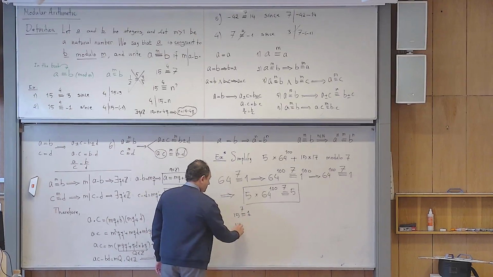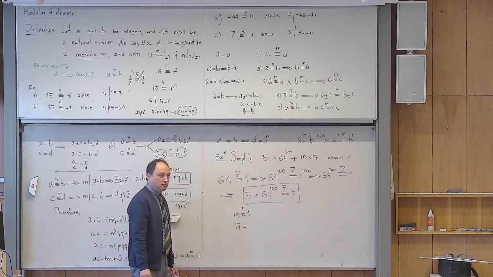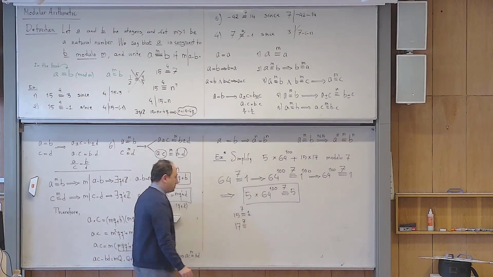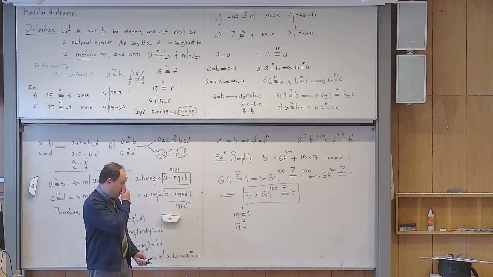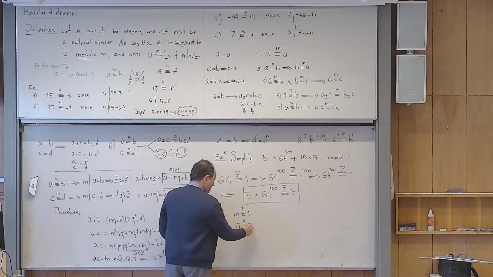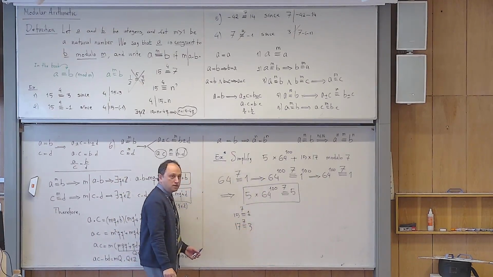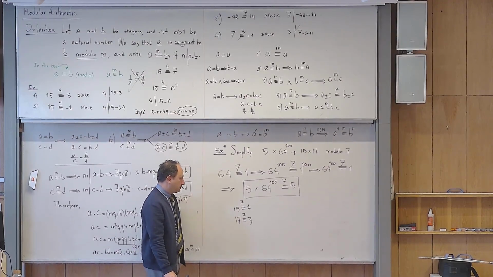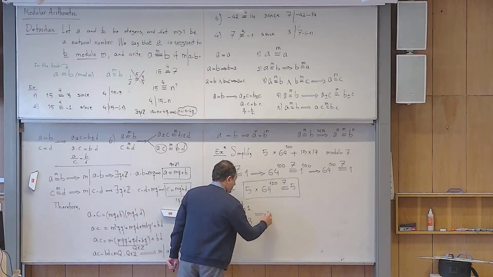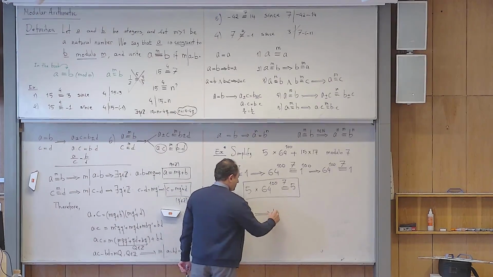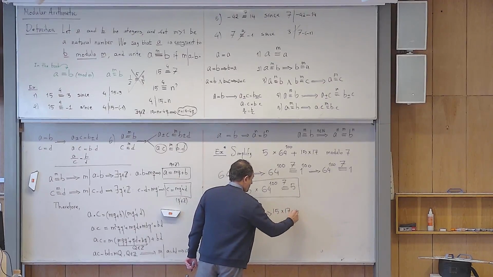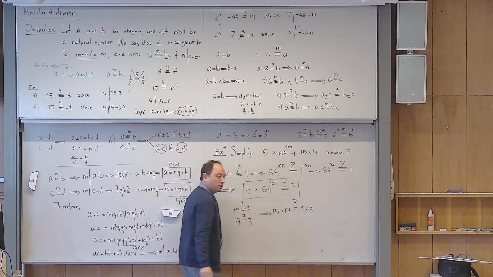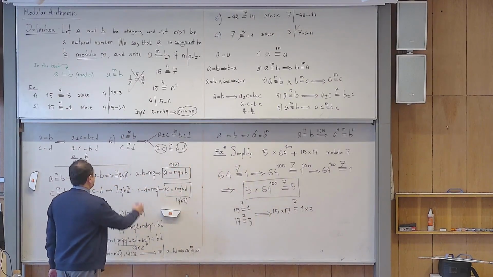Can you do the same thing for me for 17? Give me another name for 17 modulo 7. 3, yes? Because 17 minus 3 is 14. 14 is divisible by 7. Yes? Now, do you think I can write this 15 times 17 is congruent to 1 times 3? Am I allowed to do this? Yes? Which property? This property.